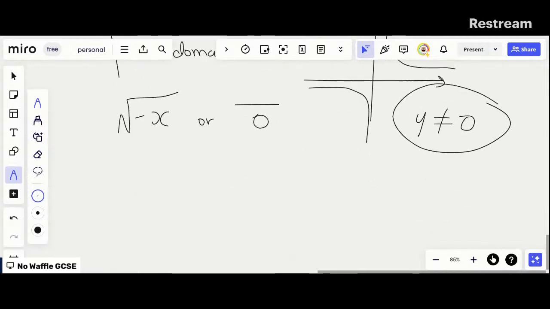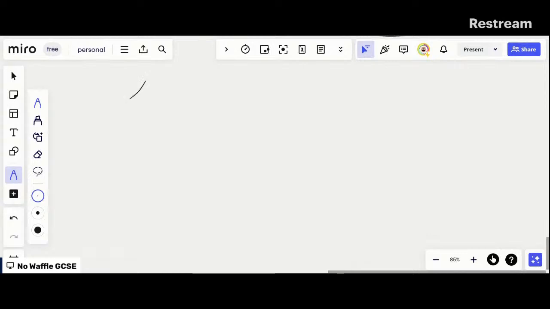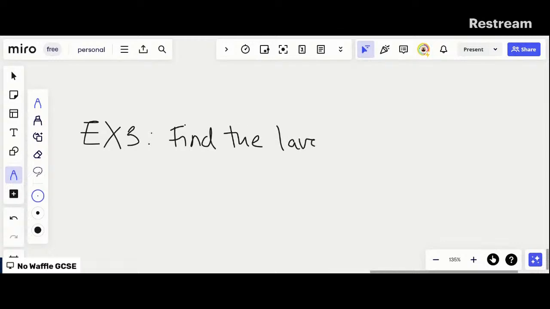I'm going to give you some more questions to practice with domain and range now. So example 3. Can you find the largest possible domain for an exponential graph?